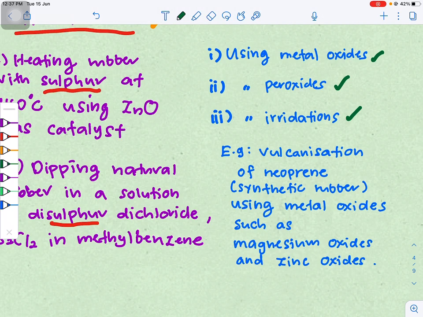But the simple example I give here is the vulcanization for neoprene. What is neoprene? Neoprene is a synthetic rubber. So when we say synthetic rubber, it is not from the rubber tree and it doesn't contain carbon-carbon double bonds. So how do we treat this synthetic rubber? We are using metal oxide such as magnesium oxide and zinc oxide.